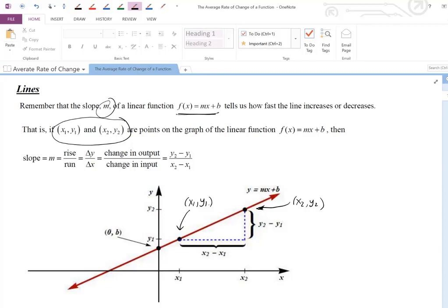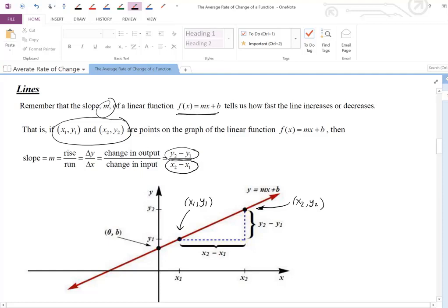Remember what slope tells us: how fast the line increases or decreases. If you set it up this way, you pick any 2 points on the line, and then we talk about the ratio of the change in the y direction, the output direction, over the change in the x direction.